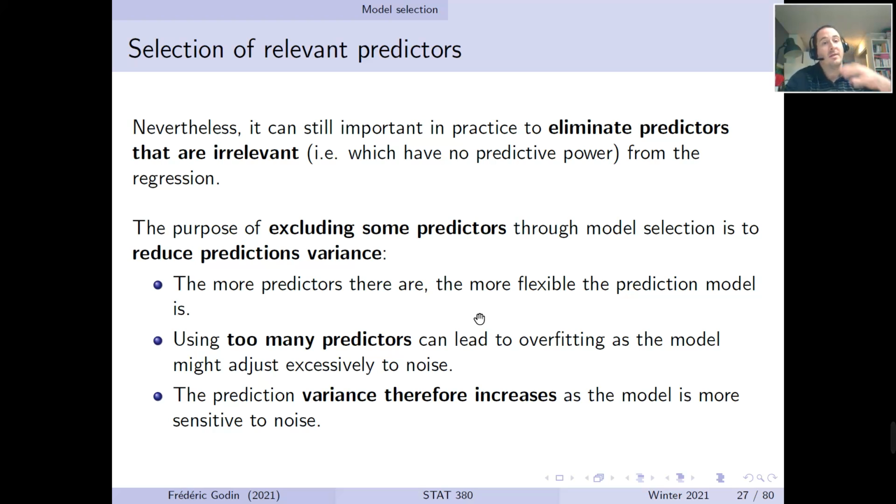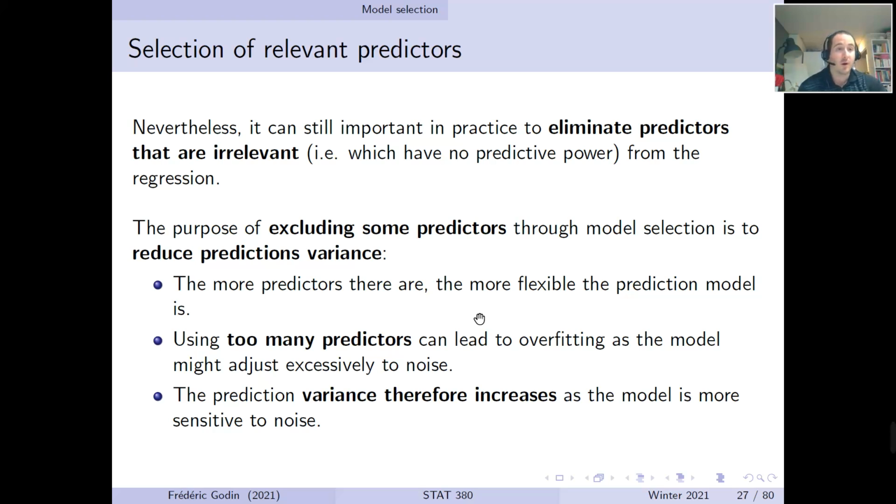Okay, so the purpose of removing irrelevant predictors from linear regression or other regression models is to try to reduce the variance of your predictions so as to reduce the expected square error of predictions for new observations, as we've seen in chapter 1.